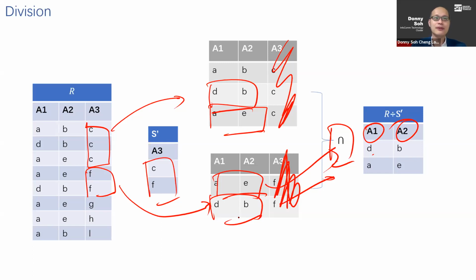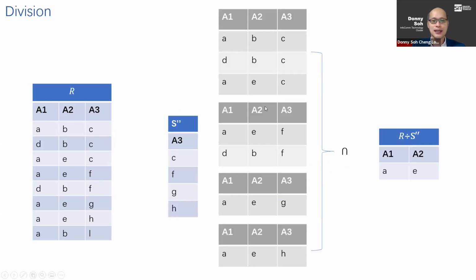Okay, let's look at one more. Over here, I have R and I have S double prime. A3 is the common column. So I'm going to end up with only A1 and A2.